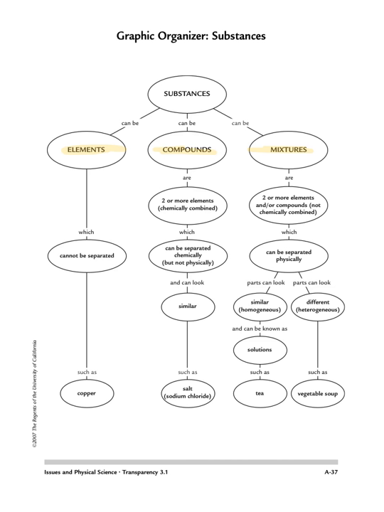Copper is an example of an element. Compounds are two or more elements chemically combined, which means they can be chemically separated, but they cannot be physically separated. And by physically, I mean we can't take a strainer to it and strain out all of the things that we need to. We can't take a dropper and suck some of the liquid out of it. No, it's chemically combined. An example of that is like salt, sodium chloride.